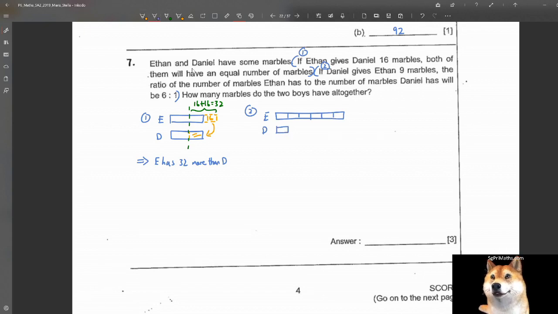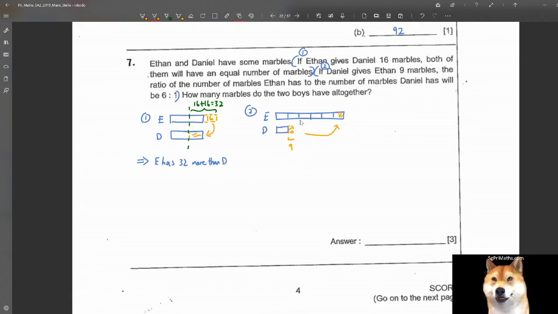But before they get to this, Daniel gives Ethan 9 marbles. So the 9 is somewhere around here.